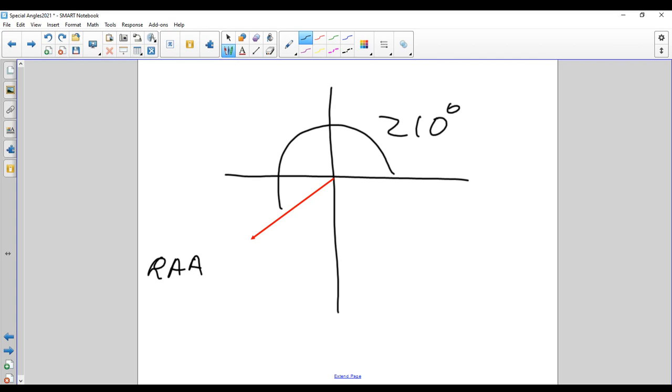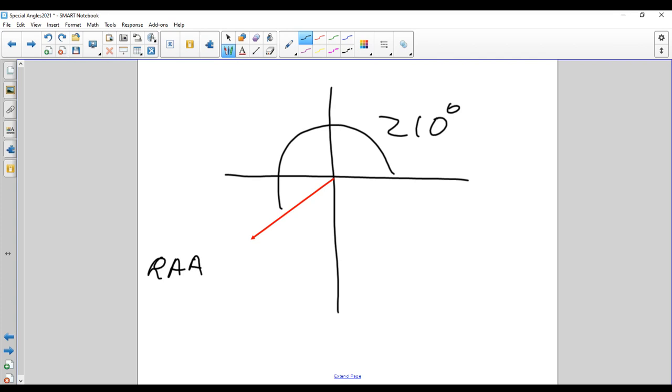It is not 60 degrees. And let me tell you again, look for how far you are from the closest x-axis, not the closest y-axis. It's never the closest y-axis. How far is 210 degrees from the closest x-axis?